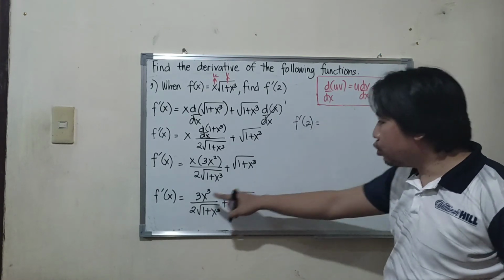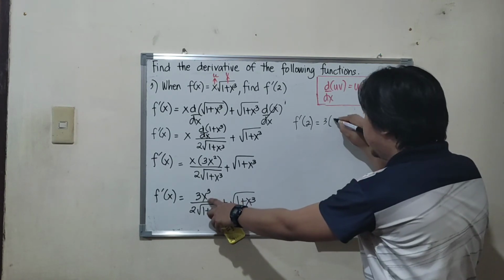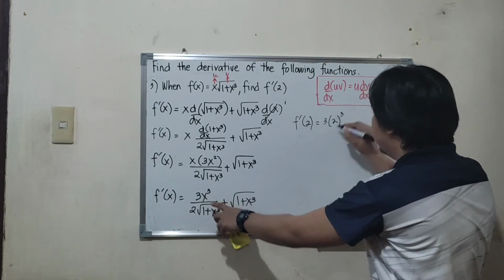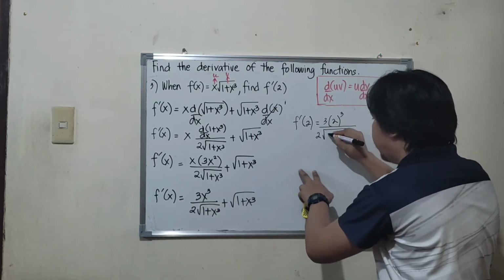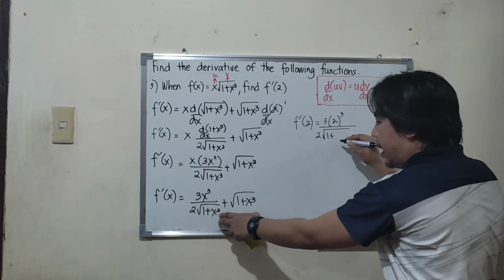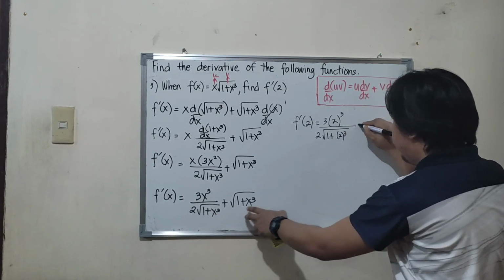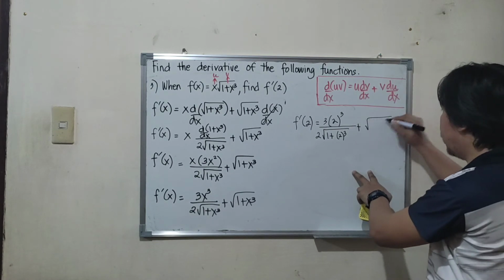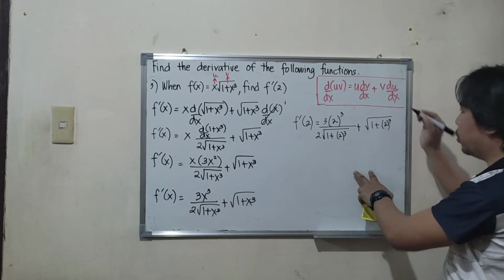Just substitute 2 for every x. So we have 3 times 2 squared over 2 times square root of 1 plus 2 cubed, plus square root of 1 plus, again, x is 2, so 2 cubed.